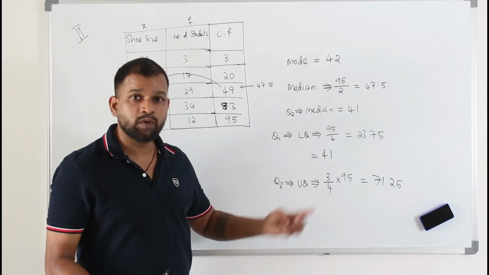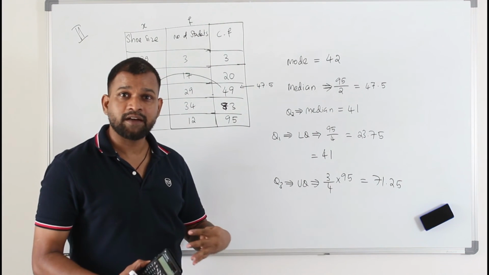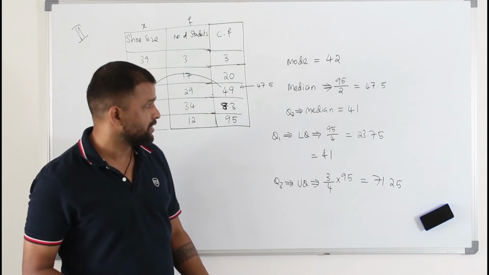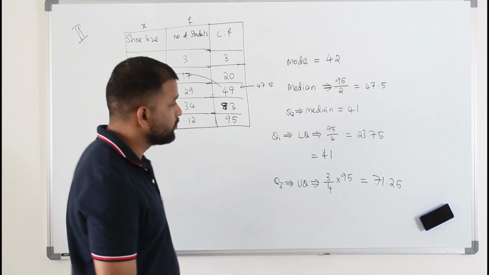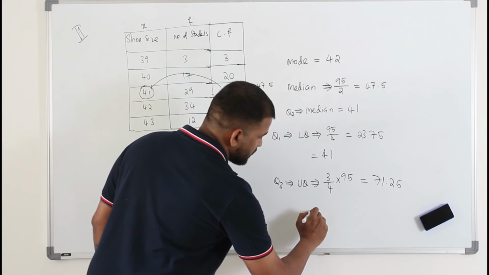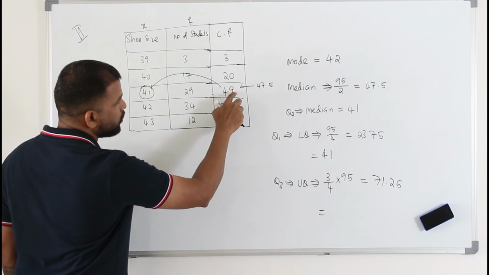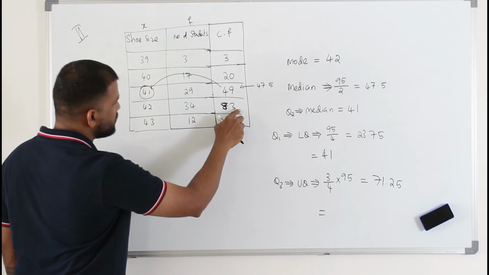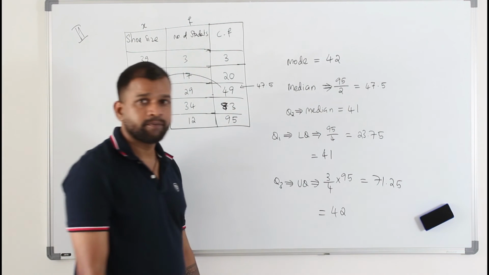Q2 is same as Q1. It is possible, do not worry about it. This data is a skewed data. We will talk about skewed data later. So do not worry about it. You might get the same value. And then 71.25. Anything more than 49 till 83 lies in here. So the corresponding x value is Q3.